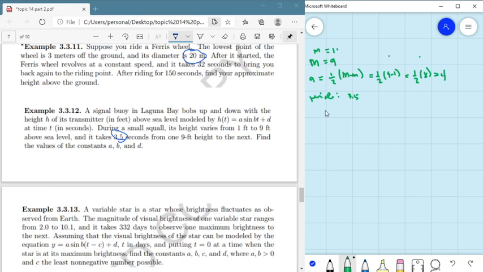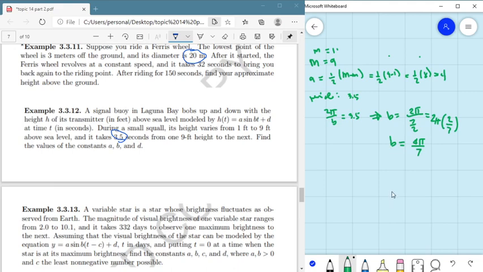So that's why we can say that 2 pi over b is equal to 3.5, giving us b is equal to 2 pi over 3 1/2 or 7 over 2, which can be simplified to 2 pi times 2 over 7, which gives us the value 4 pi over 7. So that's why our b is 4 pi over 7.